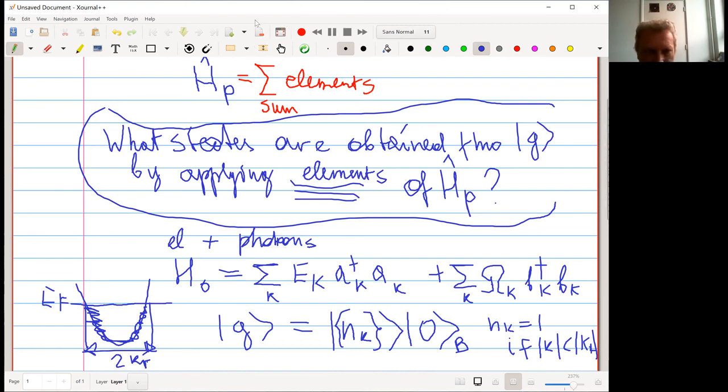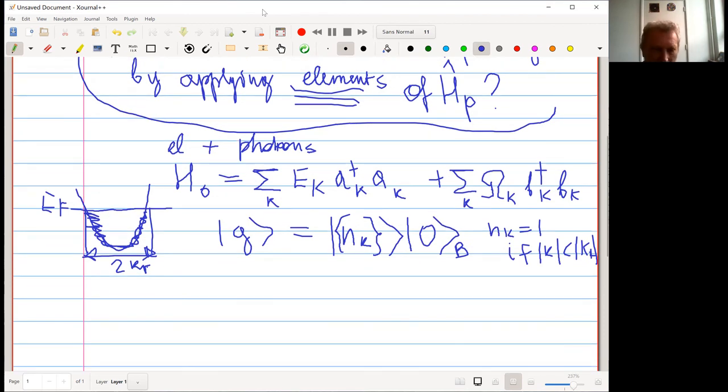And then perturbation comes. Let me first say in words what it does. A perturbation is a term in the Hamiltonian which describes emission of a boson with changing electron state.